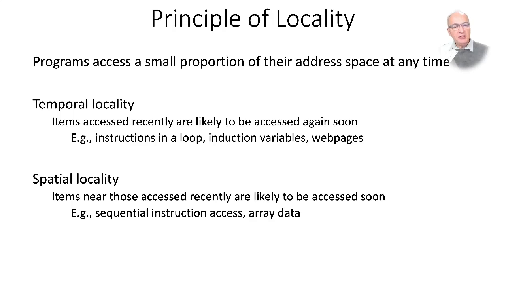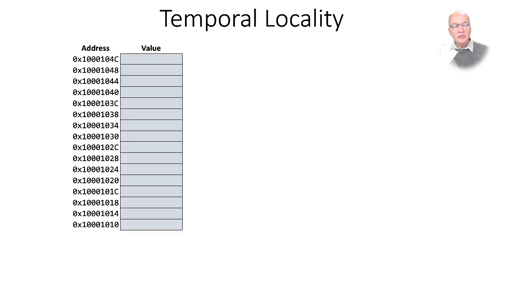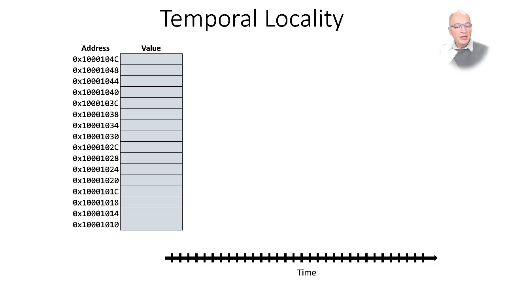So that we can better understand locality, I created a graphic representation of locality for this lecture. Here is the idea of temporal locality. We are all by now familiar with memory, and this is our representation on the slide of memory. Each one of those boxes represents a word, and here is time. As time passes, I will be accessing different locations in memory.